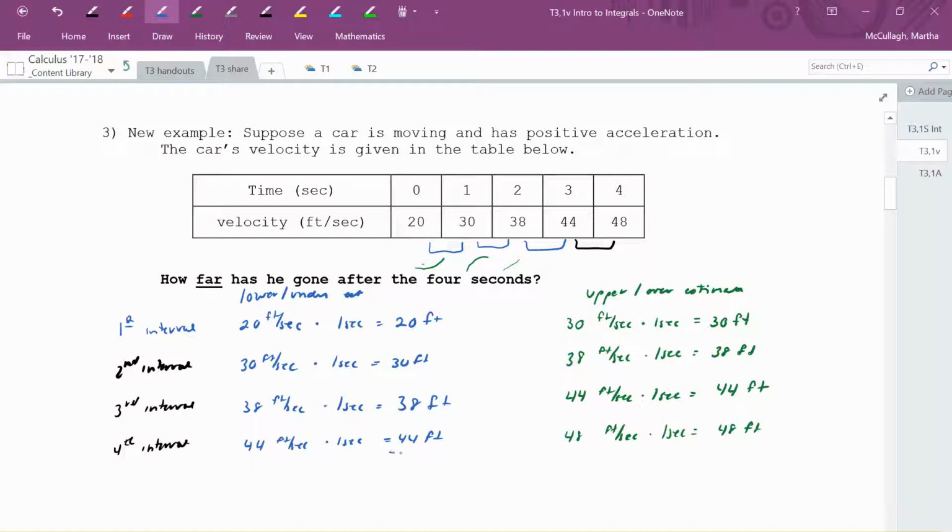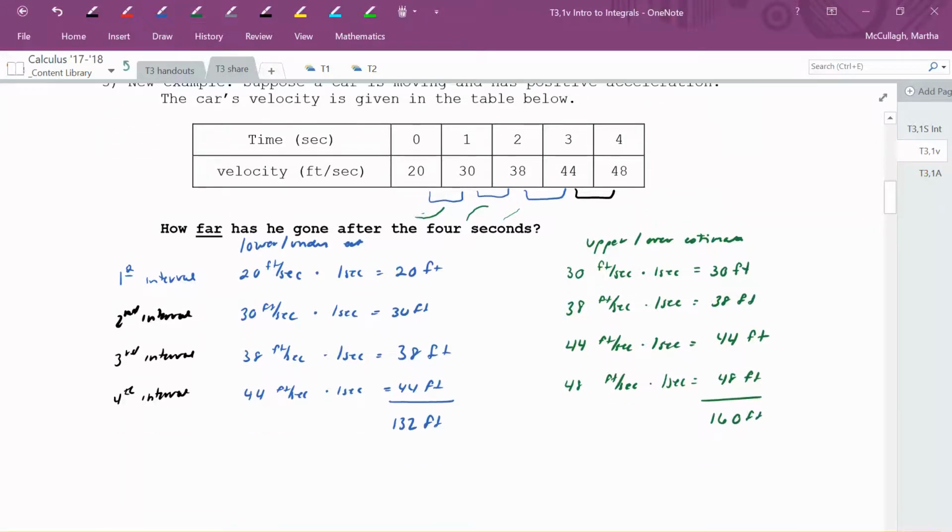Well, if I add up the distance that it traveled in each of those intervals, I get 132 feet. And if I add up these intervals, I get 160 feet. So what we can say is that our actual distance is somewhere between 132 feet and 160 feet.